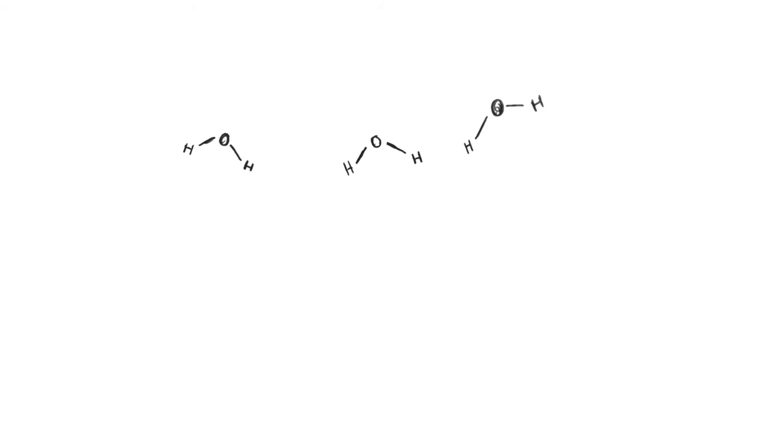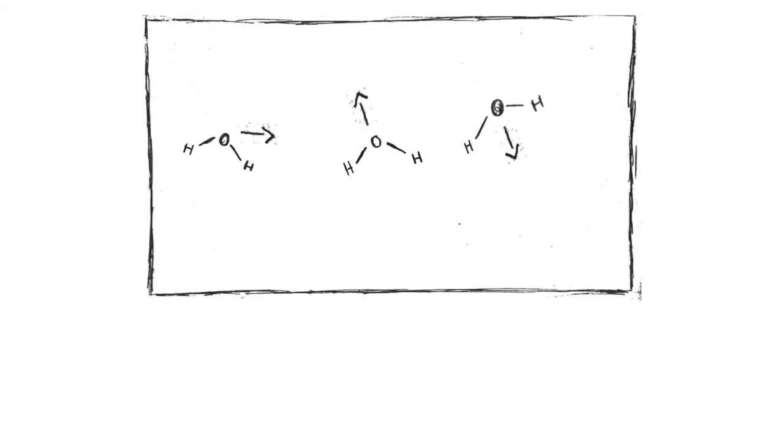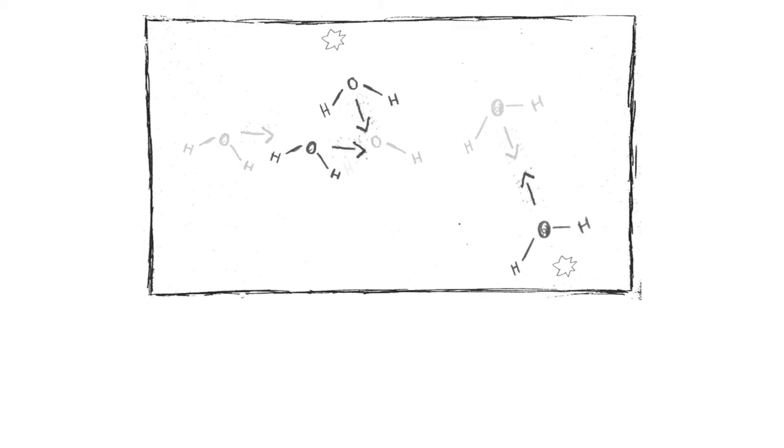We will represent that by adding arrows to the molecules to show their direction of movement, and we will also add in a container so our water vapor doesn't escape into the environment. Now, let's pretend that the gas molecules have had some time to move around. These marks represent an impact which causes the gas molecule to change directions.